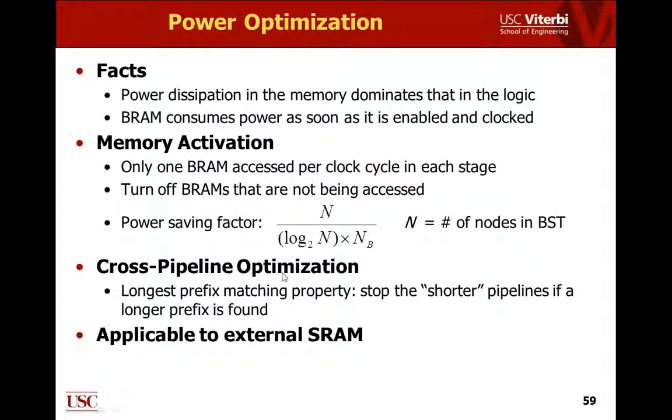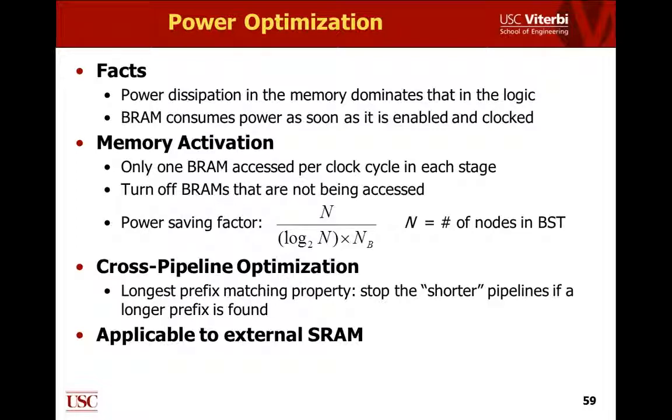By selectively turning off the non-traversed path trees, the storage in this implementation, I can get a power performance improvement of a factor of n over log n, which is significant. The constant shown here absorbs the basic size of the block RAM used in those implementations.